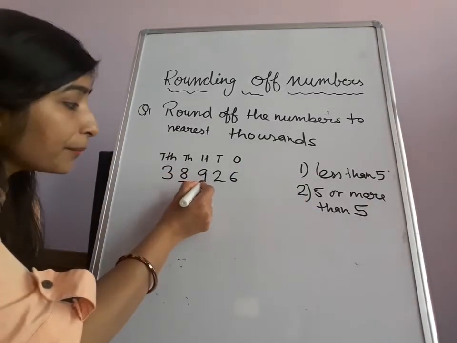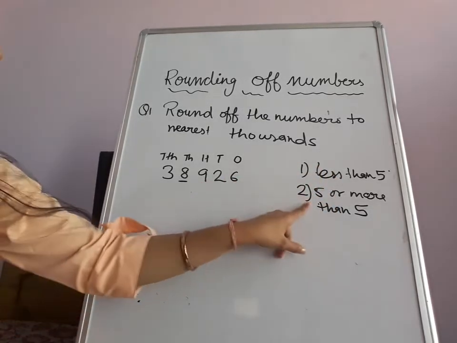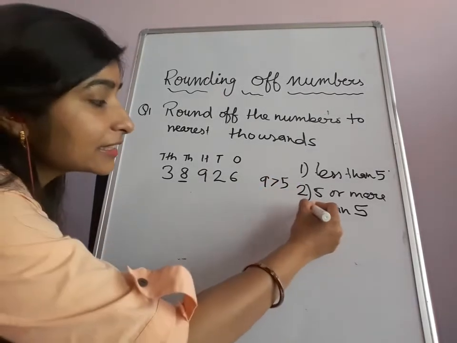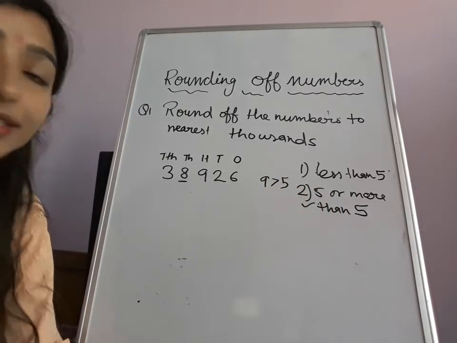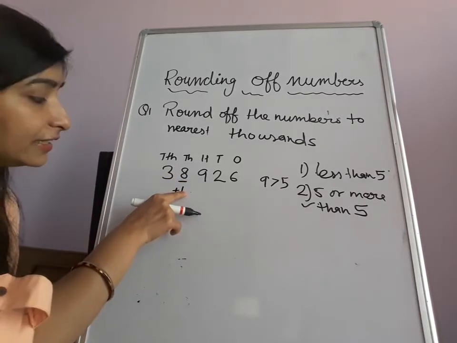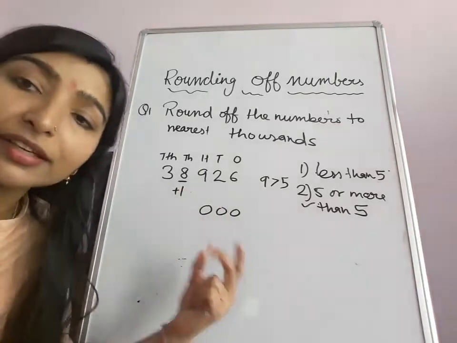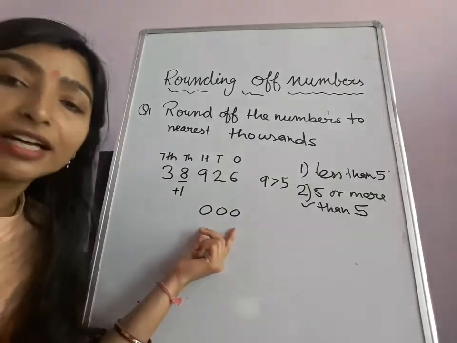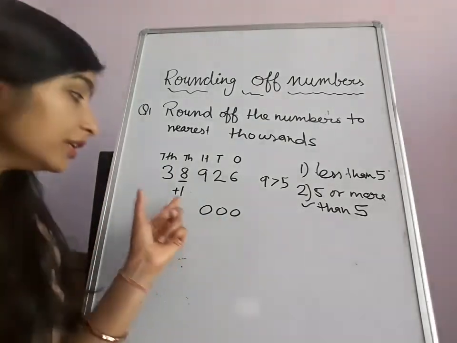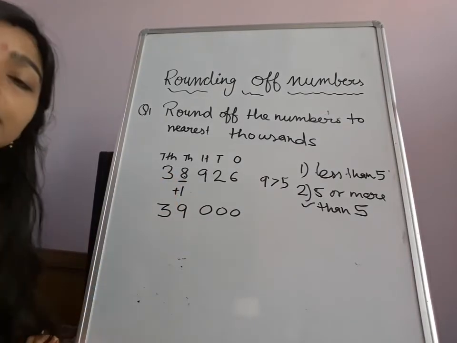So I will compare this 9 with these two conditions to see in which it will lie. 9 is greater than 5, so this is our second condition. So I will add 1 in the underlined number. These 3 digits become 0 because in 1000 there are 3 zeros. So surely in the answer 000 must be there. 8 plus 1 is 9 and 3 is the same.